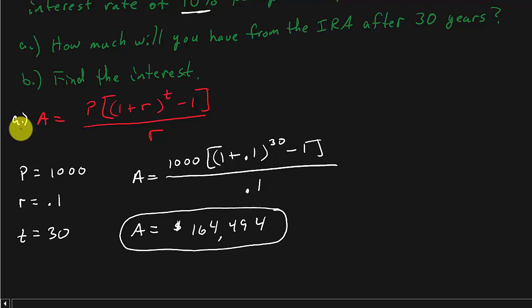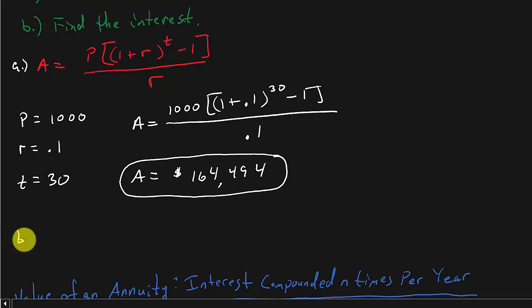All right. So now they want us to find the interest. So for part B, the interest is the amount we have after interest and everything. So that's 164,494.